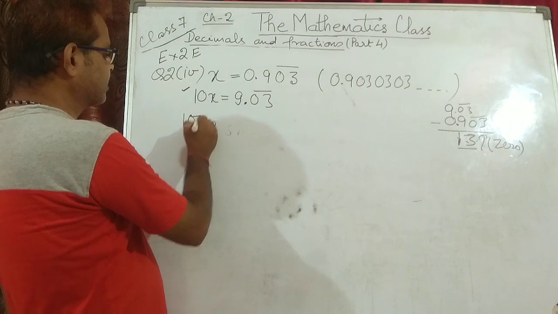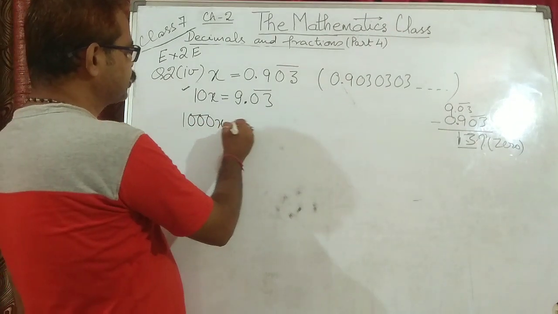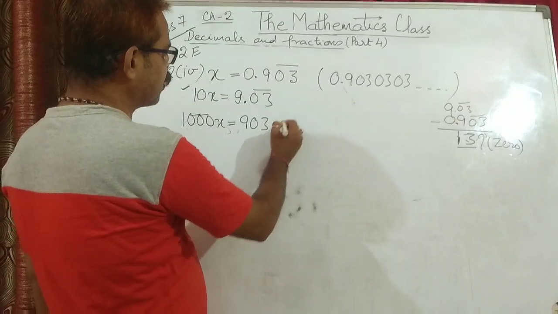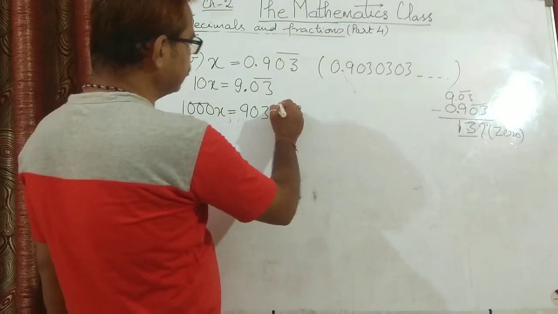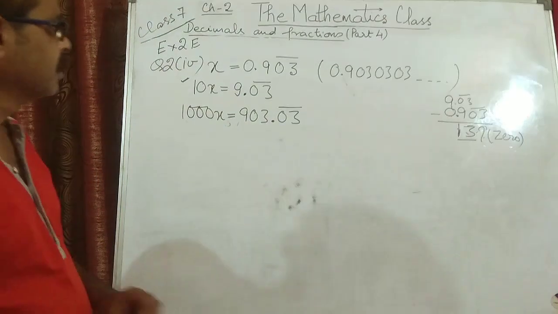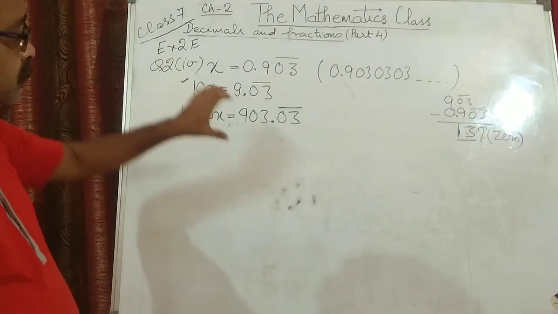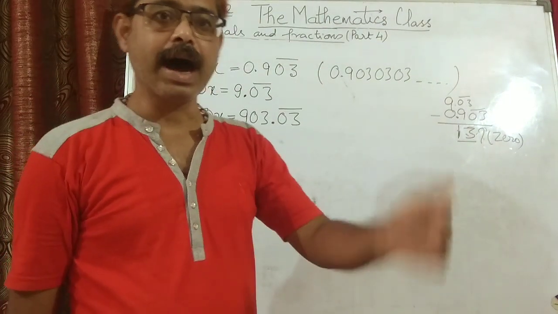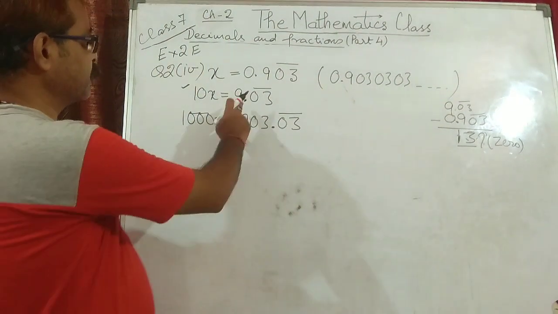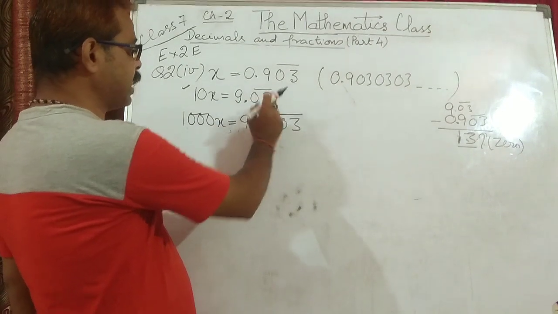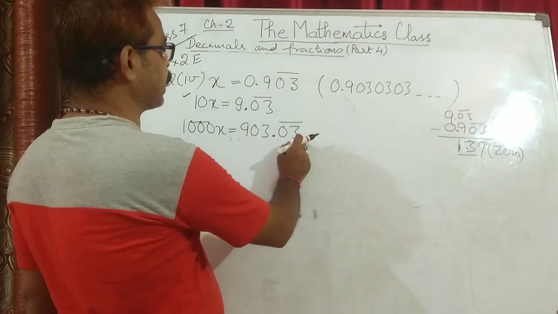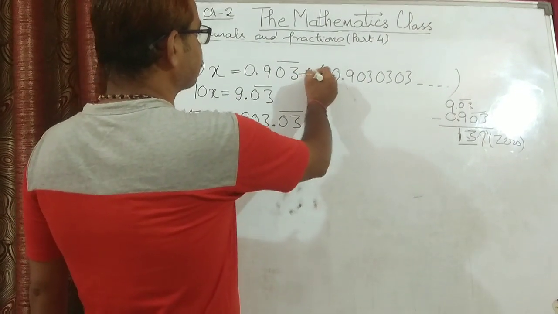It will be 1000x is equal to 903.03 bar. We have converted both numbers in the form of bar after the decimal. In this also you can make out 9.03 bar, here also 903.03 bar.